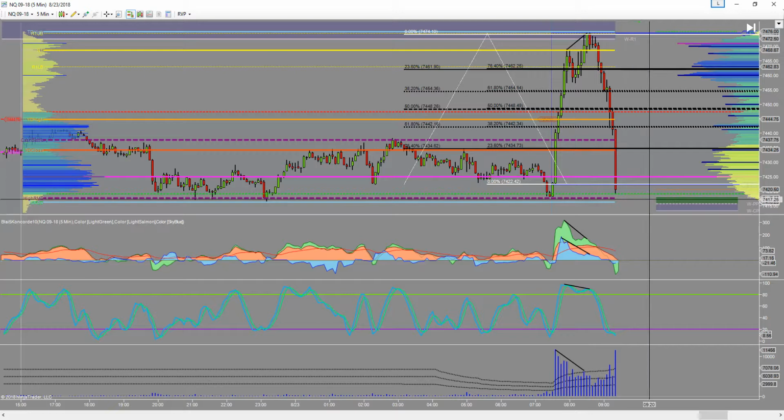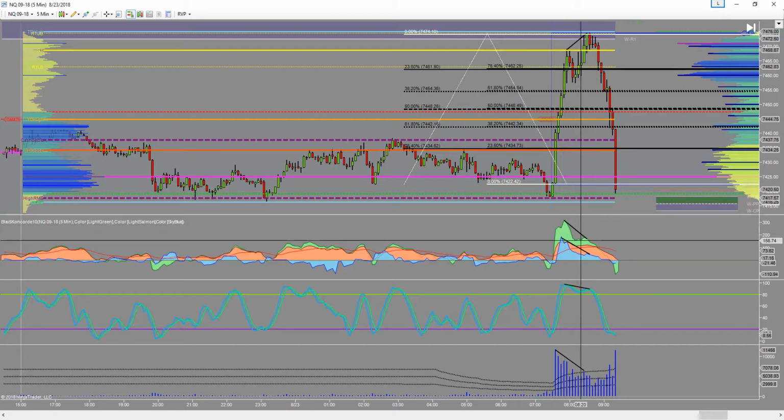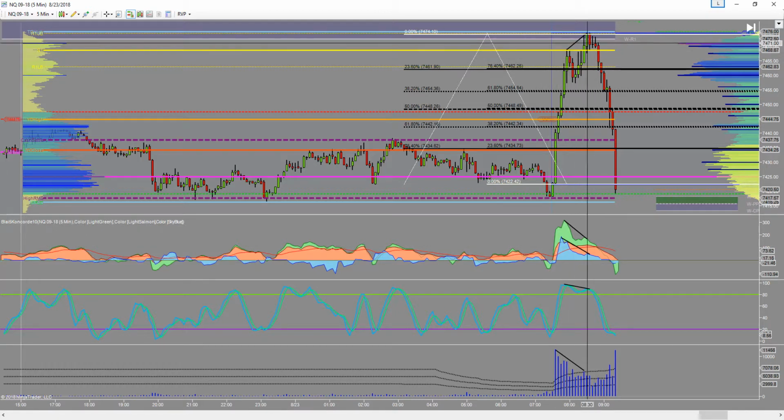But that's just to say how we understood that this would fail, because there were retail traders trying to buy into this price, but the smart money was selling at this point.